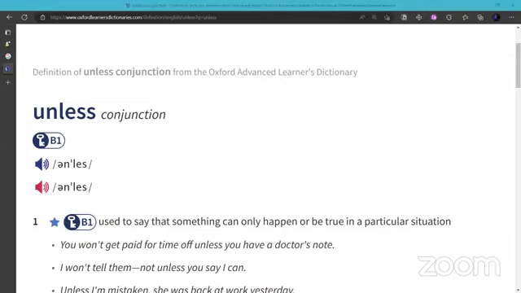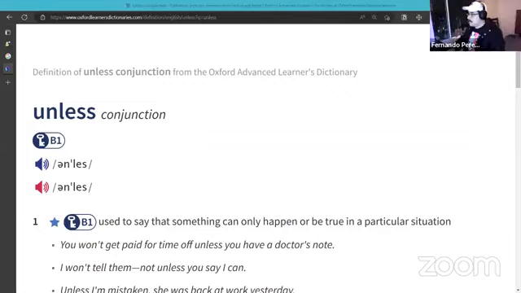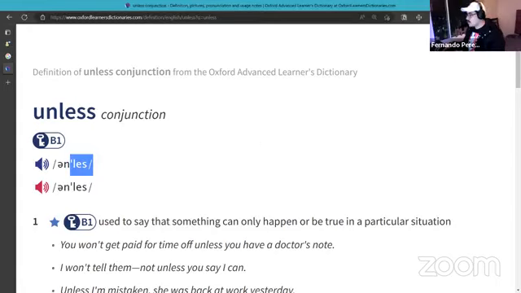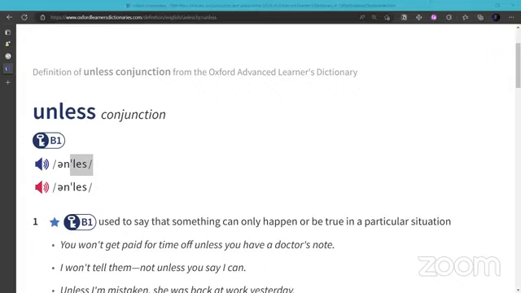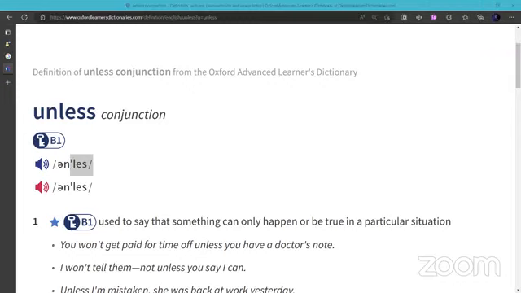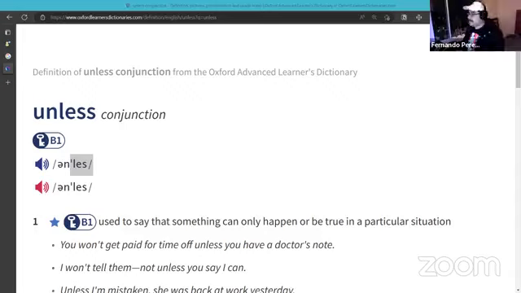Unless. Where is the stress? The strong syllable is less. Unless. Everybody repeat. Excellent. Be careful, guys. Unless. That's much better.